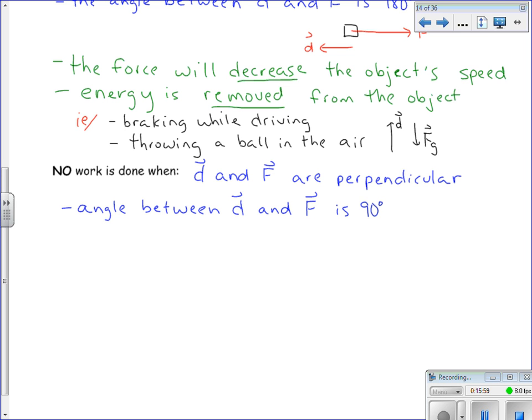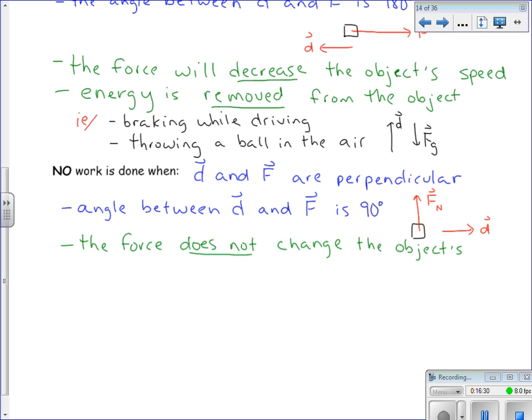So an example of this would be: I'm applying a force upwards on an object, maybe the normal force, but the object has a displacement to the right. So the force does not change the object's speed, and there is no change in the energy of the object.